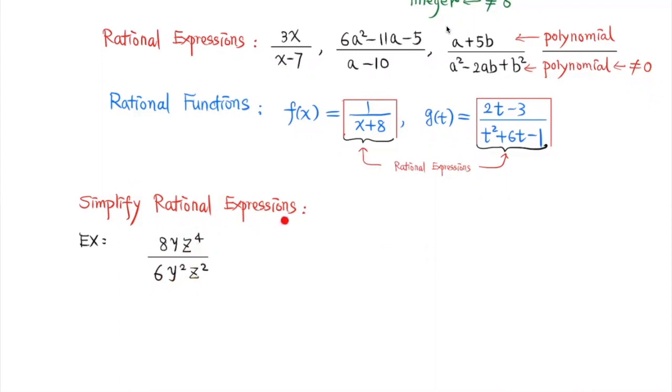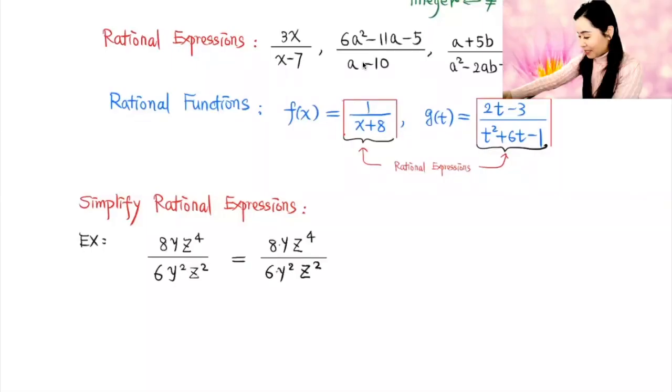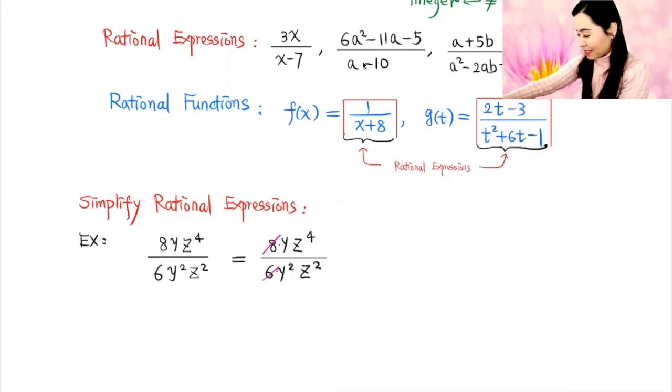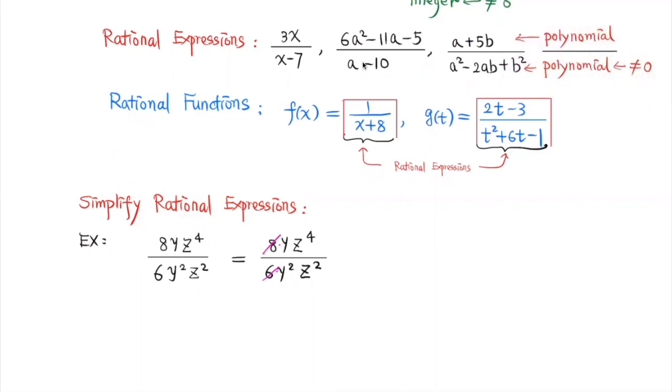So it is a rational expression. Consider the coefficients 8 and 6. They have common factor 2. So we're going to divide out 2 up and down, and we get 4 on top and 3 down here.